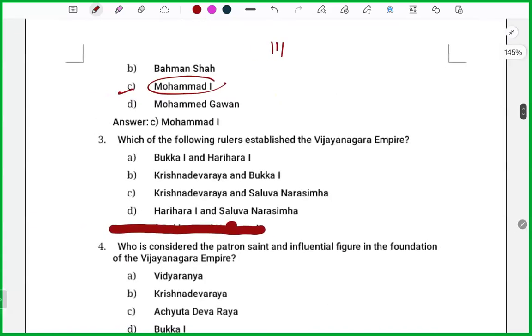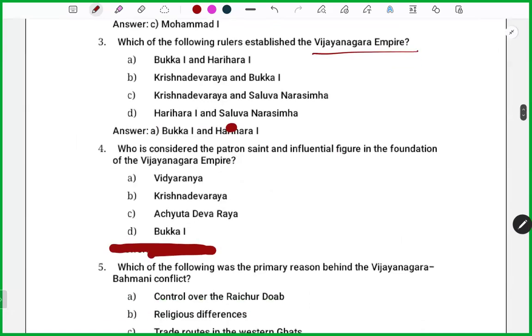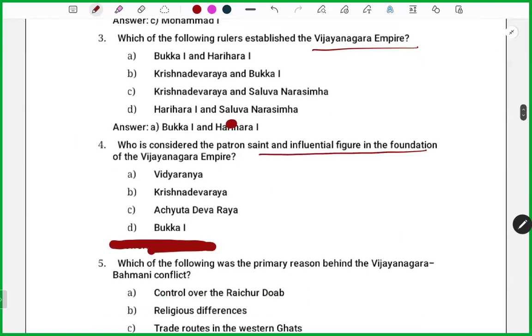So which of the following rulers established the Vijayanagar Empire? Option A. All right, very good. Then who is considered the patron saint and influential figure in the foundation of the Vijayanagar Empire?